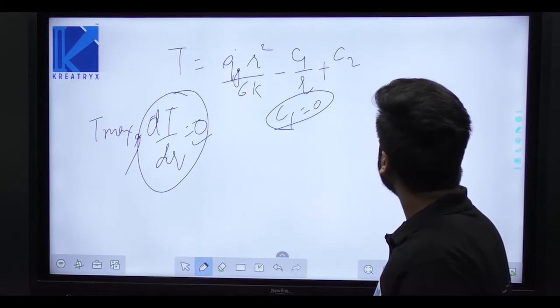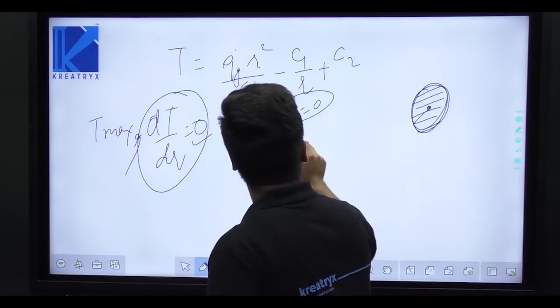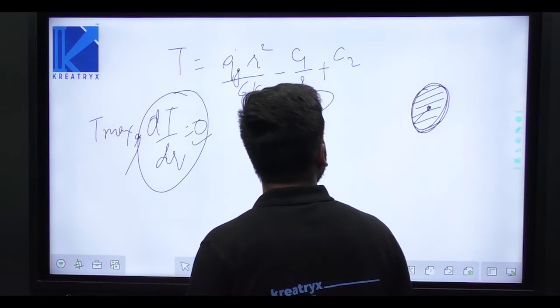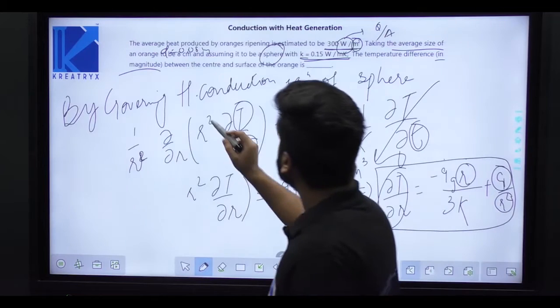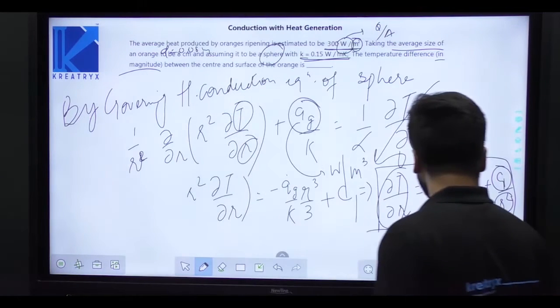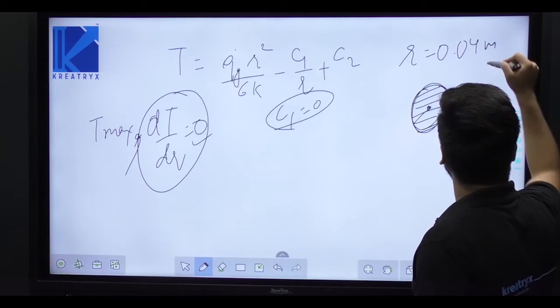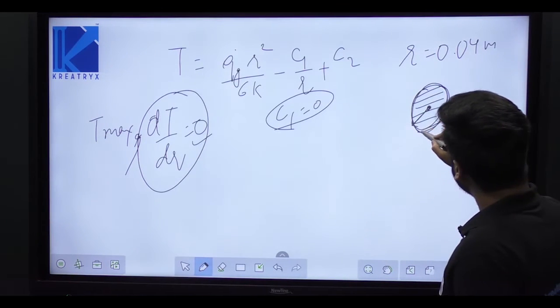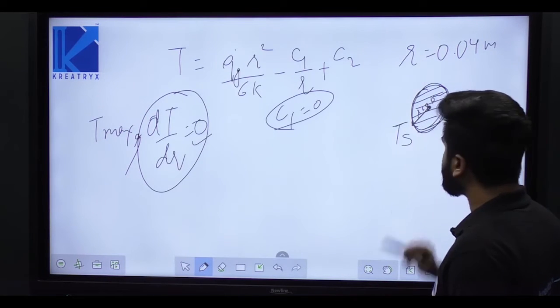And now we can put another equation. The diameter is 0.08 meter, so the radius of the sphere will be 0.04. So can I say at radius 0.04 meter, let the temperature be Ts, that is the surface temperature.